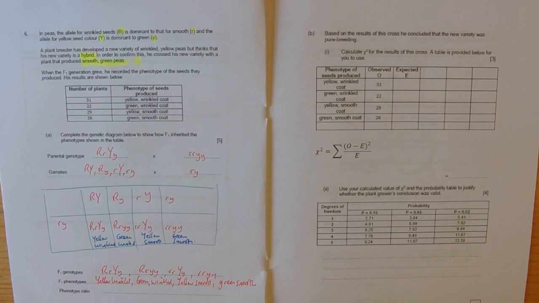Now I put them in the same order, but the examiner can see I've linked them up there anyway, and that's a 1 to 1 to 1 to 1 ratio.